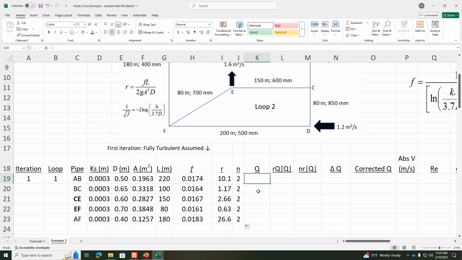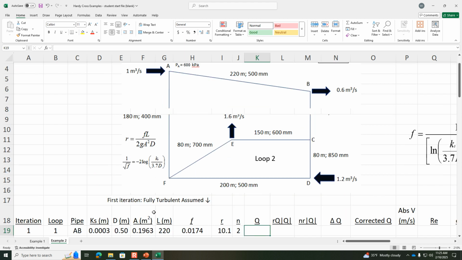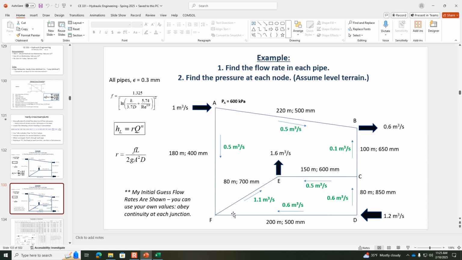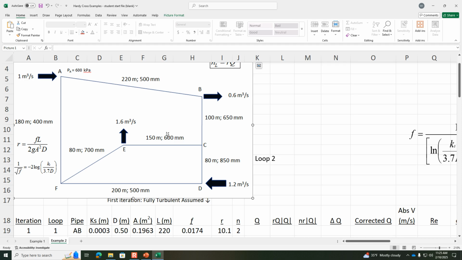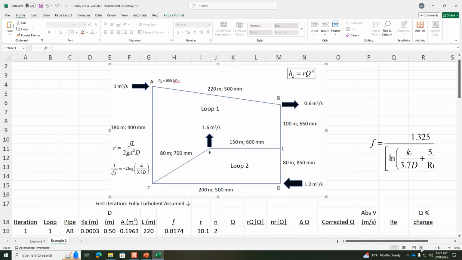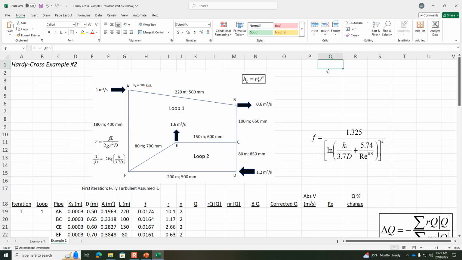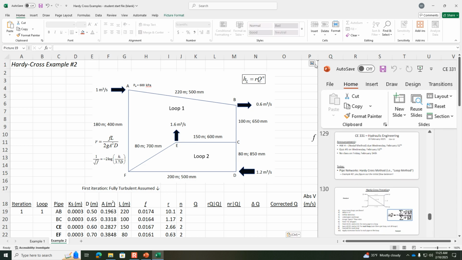Okay, now when we put in the flow rates, we have to pay special attention to flow direction. And let me just do a quick screenshot here, so I can paste it in for my network. So I'll paste this in and crop it.